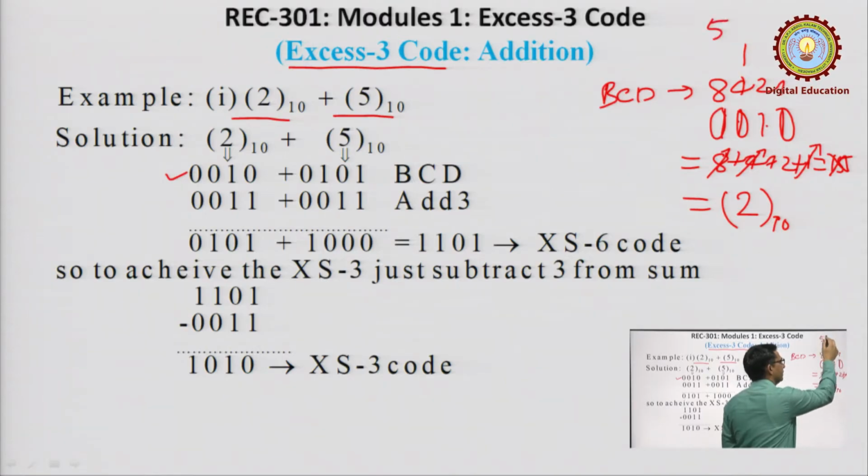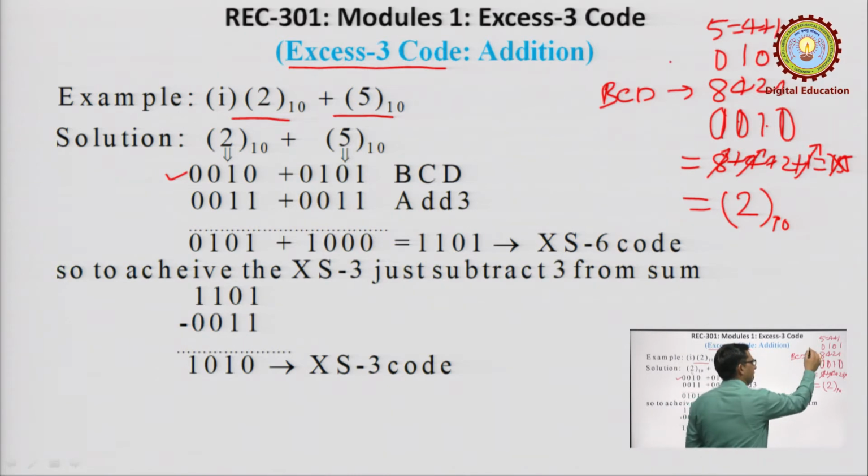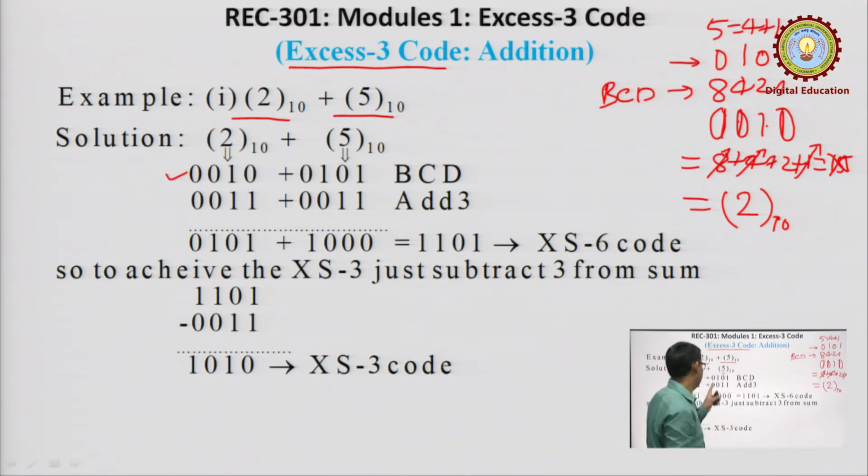We know 5 is equal to 4 plus 1. So the 4 digit will be high, 2 will be low, 1 will be high, and the last will be low. So the BCD equivalent of 5 is 0101.